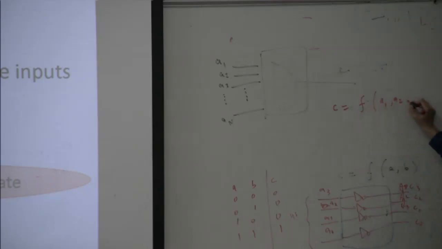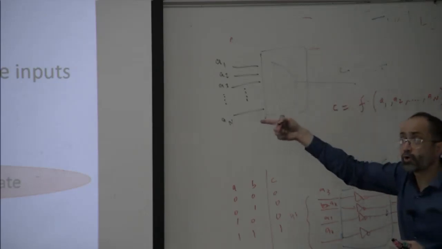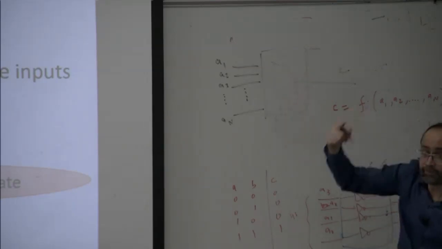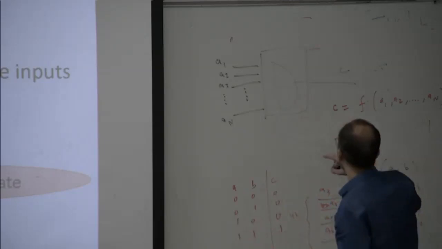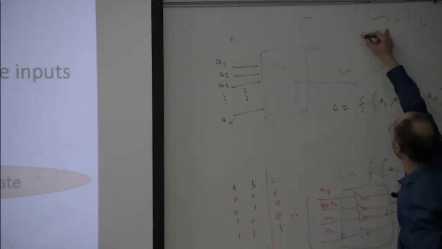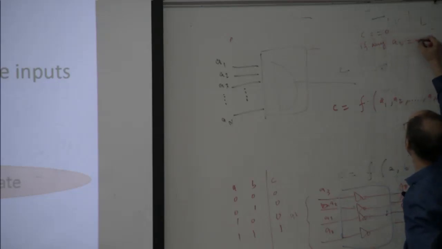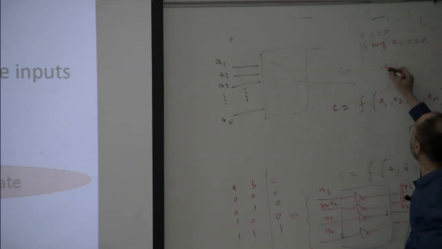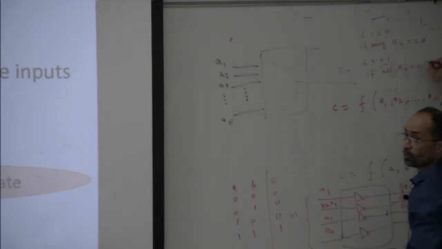A1, A2 until AN. So if any of the inputs is 0, the output will be 0. If all inputs are 1, the output will be 1. So C will be equal to 0 if any of Ai is equal to 0, and C will be equal to 1 if all Ai are equal to 1.